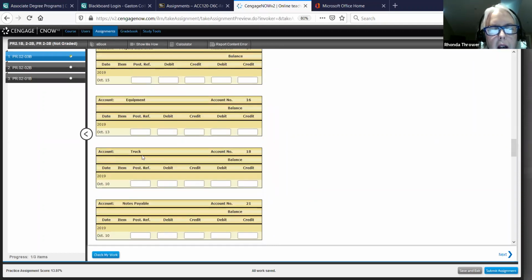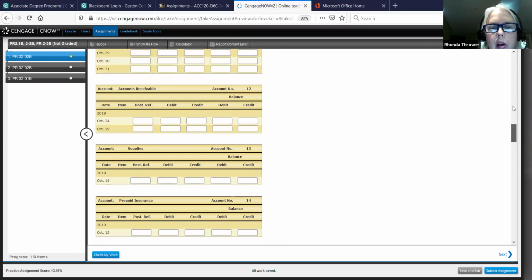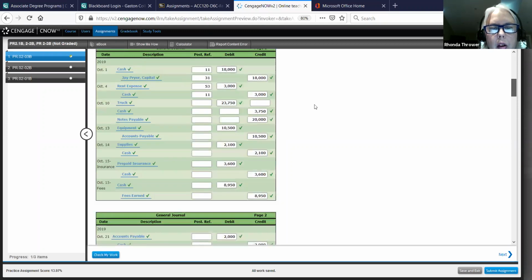Here's my truck account. My post reference is journal page 1 because that's where I'm getting it from. I'm going to debit my truck amount for $23,750.